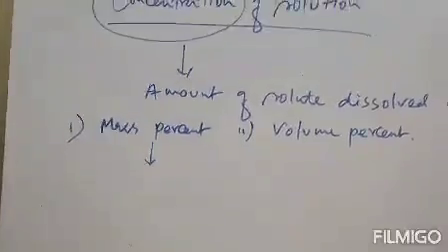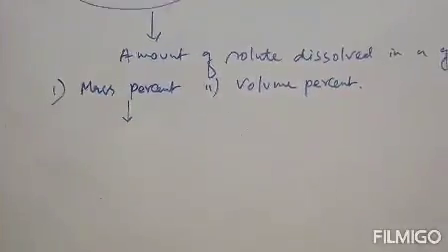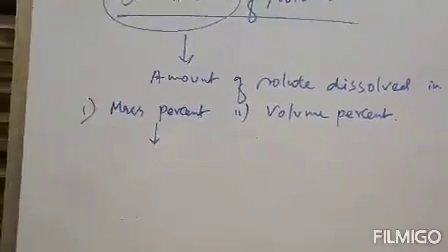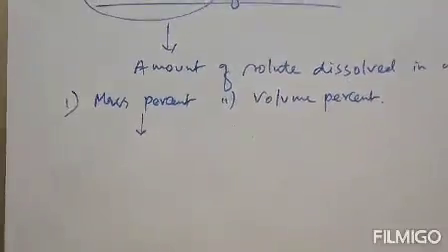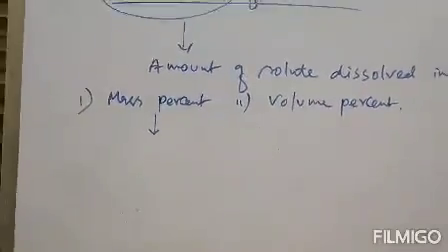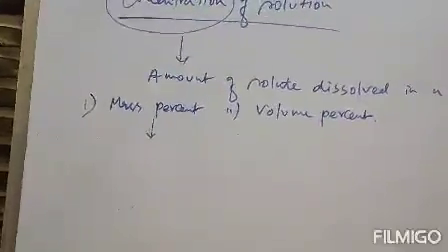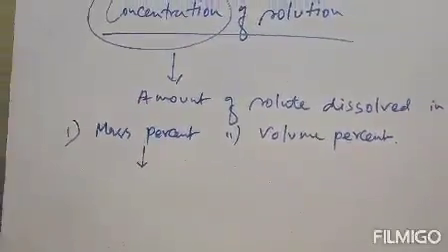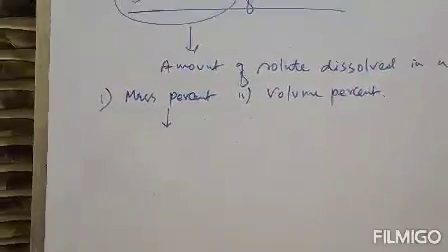Here mass percent means the mass of the solid solute in grams present in 100 grams of the solution. That means you are taking 100 grams of solution and you express the mass of the solid solute in grams. That is the mass percent.